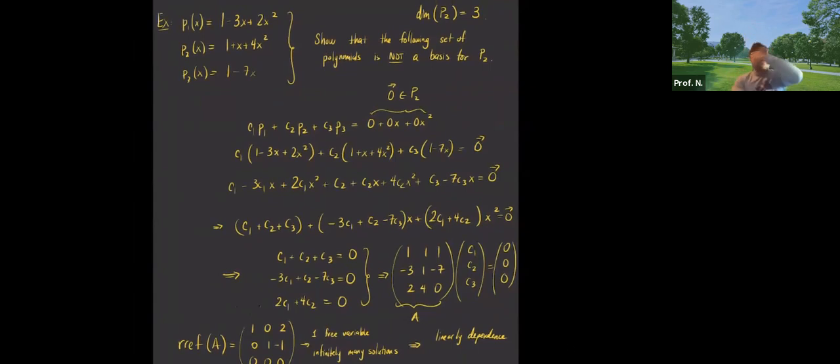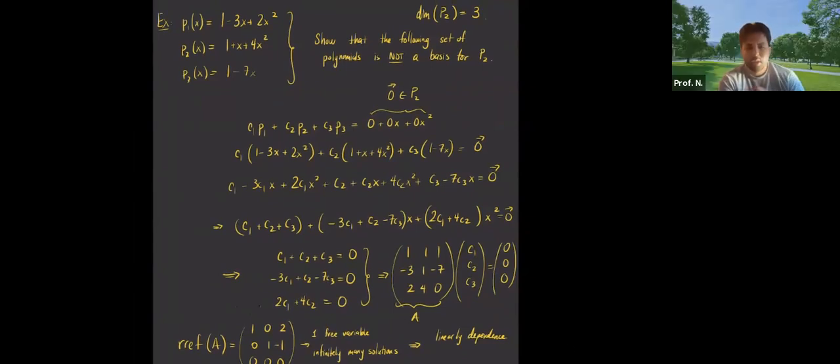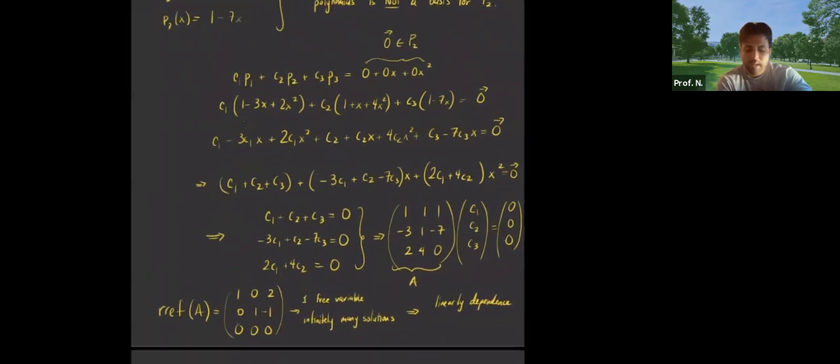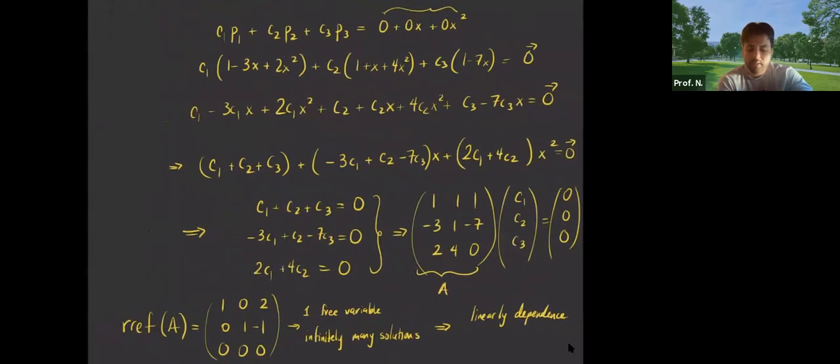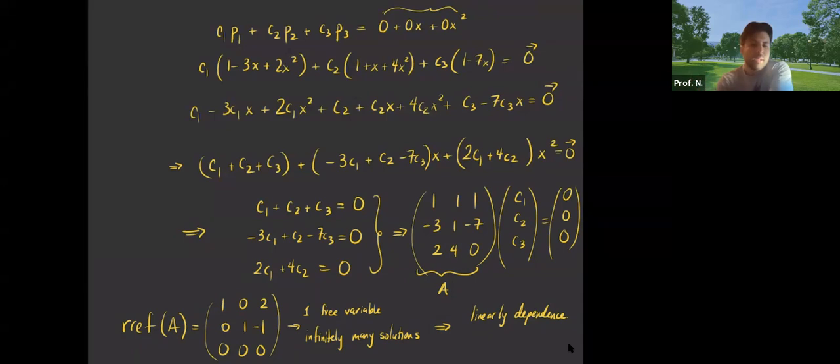Yes, Sam. Yeah, but did you mention there was going to be another way to solve this? Or were you just trying to say that there are different ways to say the same thing? Yeah, I'm saying that there are different ways. So this A matrix, I could have said the row reduced echelon form produced 2 pivots, indicating there's one free variable, indicating there are infinitely many solutions, which implicates they're linearly dependent.